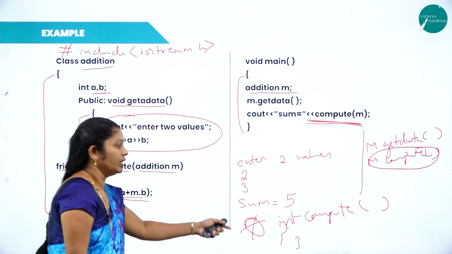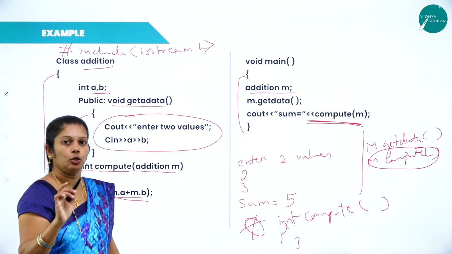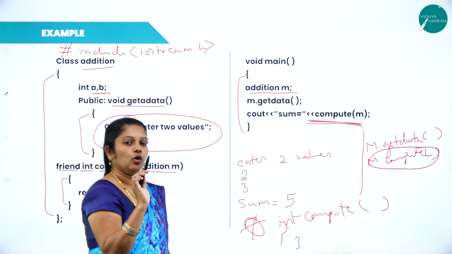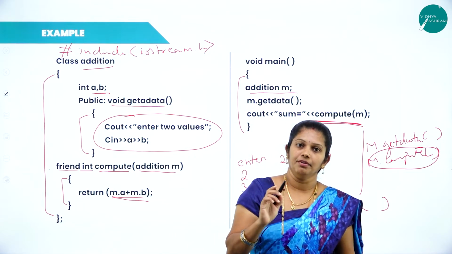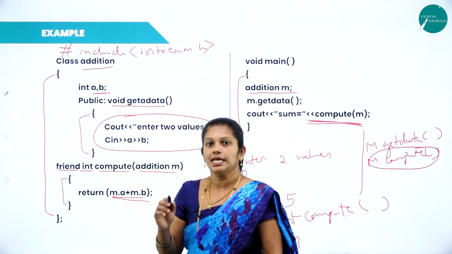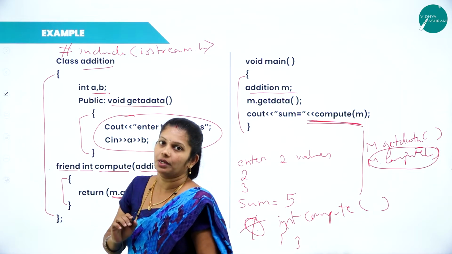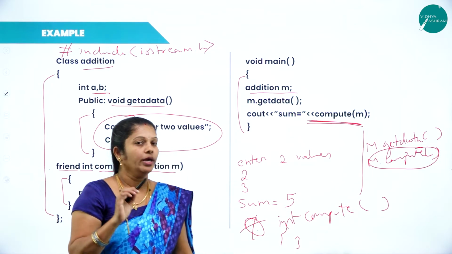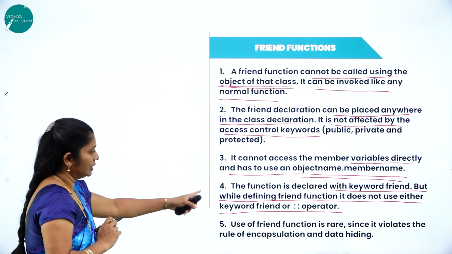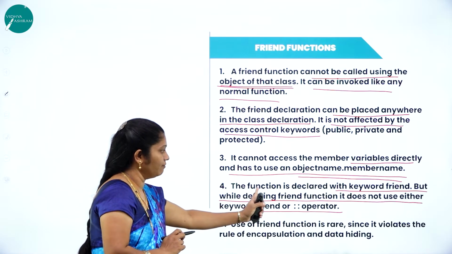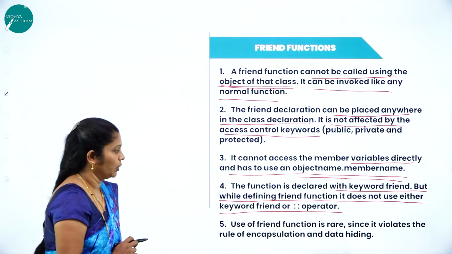It means we do not require the scope resolution operator. This scope resolution operator is used to define a member function outside the class, and it tells you which class that particular function belongs to. Okay, that is the last point here. The friend function is declared with the keyword friend.